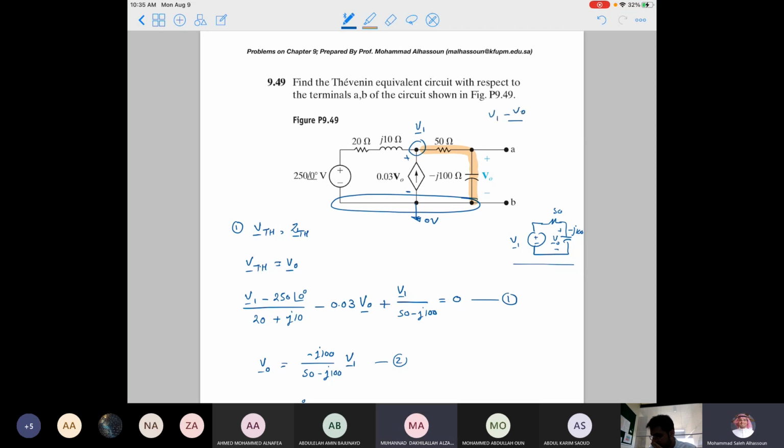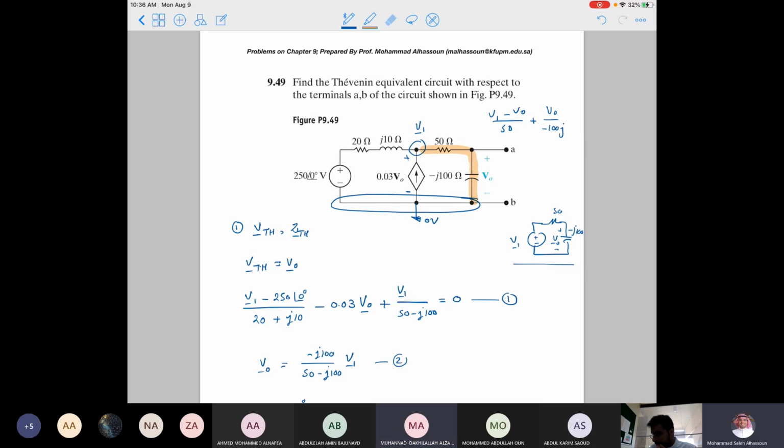V1 minus V0 over 50 plus V0 over minus 100J. Shouldn't we write this in the equation, in the first equation? Or why did you combine the 50 and the minus 100J? I don't get why.